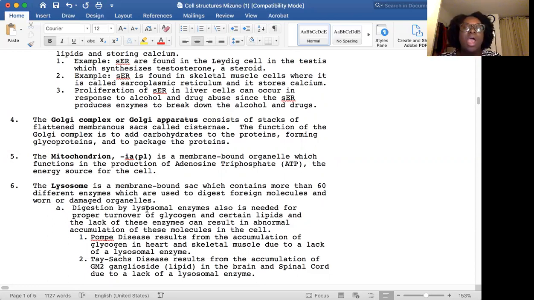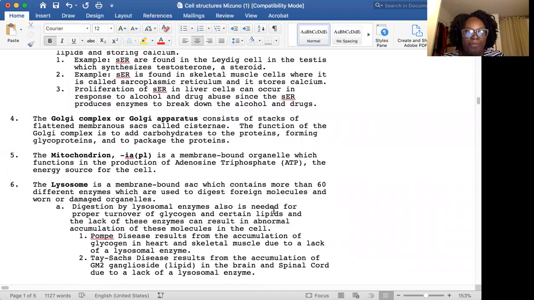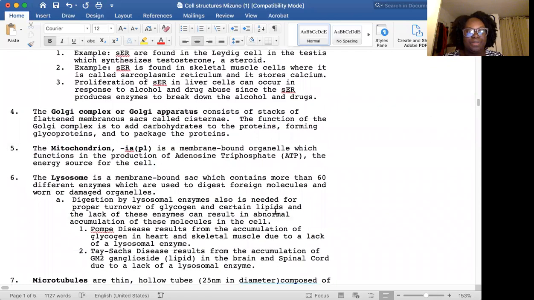It's the same thing with the protein, and that's the function of the Golgi apparatus. It's also complex in that it adds carbohydrates to the proteins, forming glycoproteins, and packages the protein. That's a very important aspect of how they package the proteins.